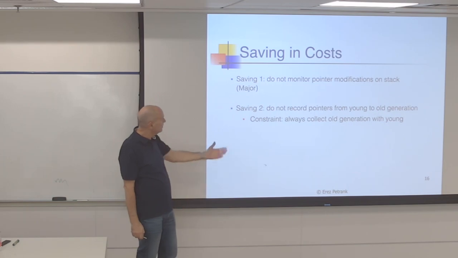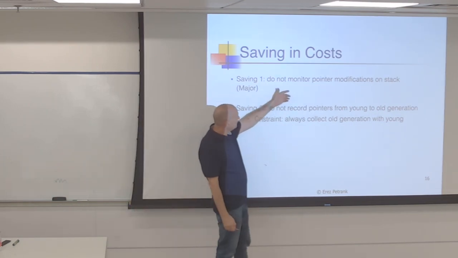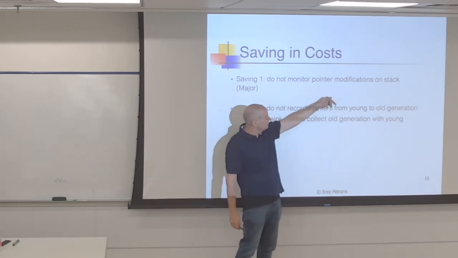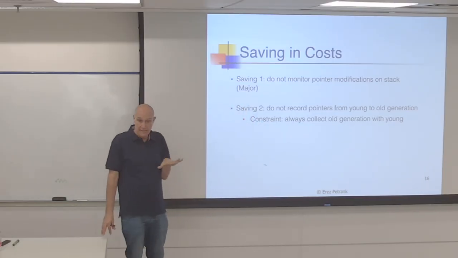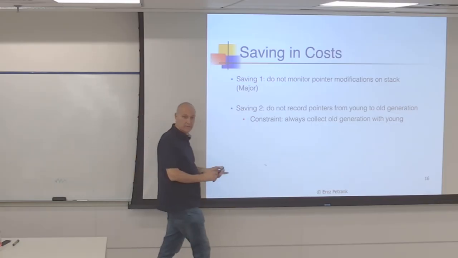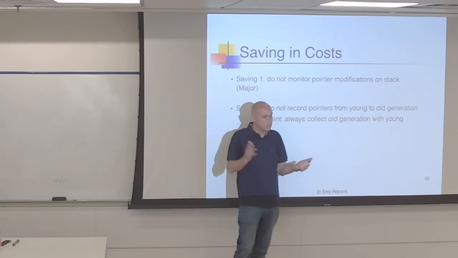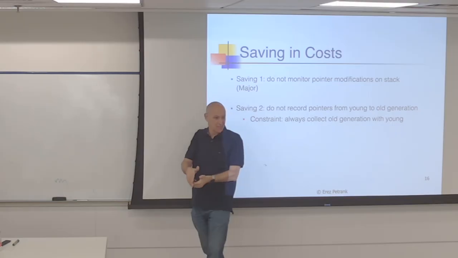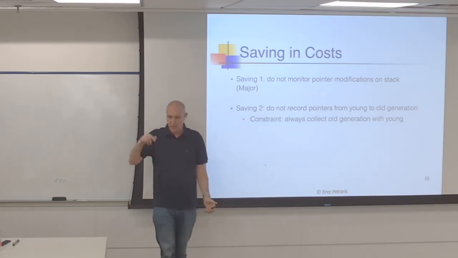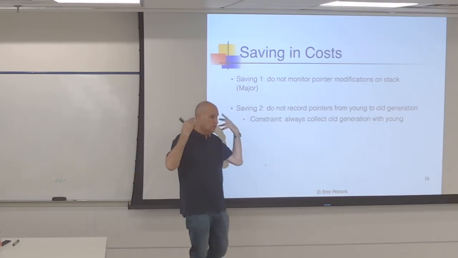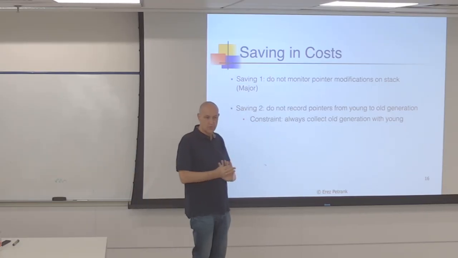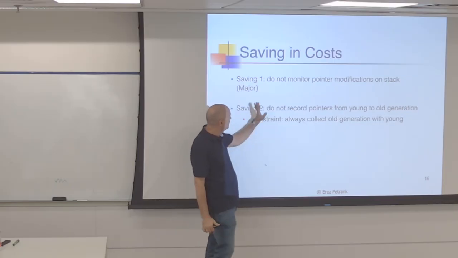How do we save costs? First, we don't monitor pointer modifications on the stack, on local roots. We don't need to do that because whenever we do a young generational collection or full heap collection, we scan the roots. So we don't need to keep a record of all pointers from the roots to the heap. We just scan them all the time.